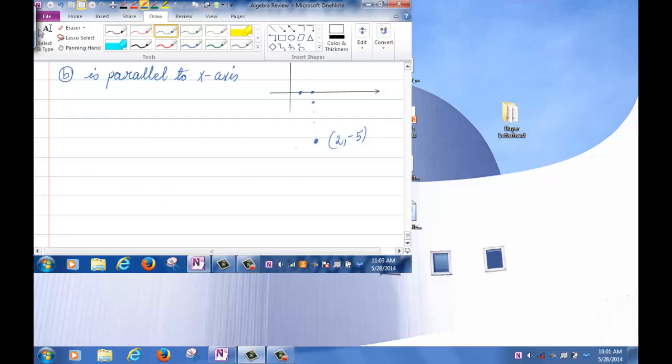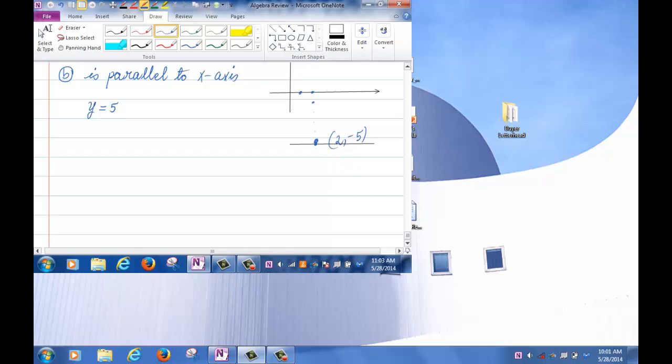And then we are told that we have a straight line going through that point, which is parallel to the x-axis. So what straight line do I get? Okay, so we get a straight line like this going through this point here, and the equation of that is y is -5. Does that make sense?